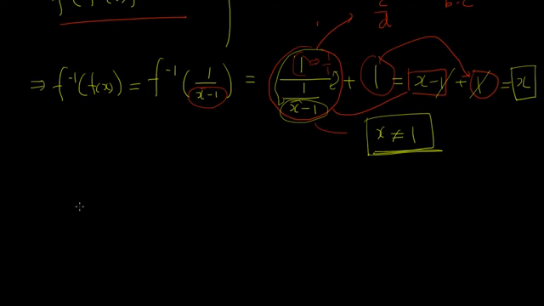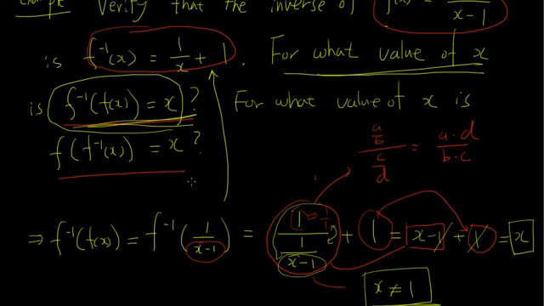All right, let's do the second part. Second part is saying f of f inverse of x. So f of, what's f inverse? F inverse is this, 1 over x plus 1.